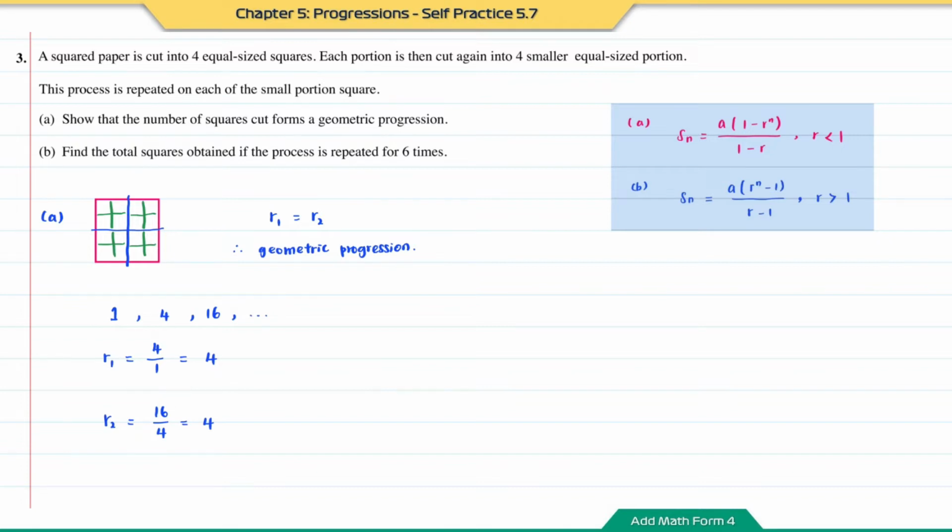It's repeated 6 times, therefore we're going to find S6. As R is equal to 4, which is greater than 1, we're going to use the formula in B. So A will equal 1, bracket, R will be 4 to the power of 6 minus 1, over 4 minus 1. Solving this using a calculator, you'll find the answer will be 1365 squares.